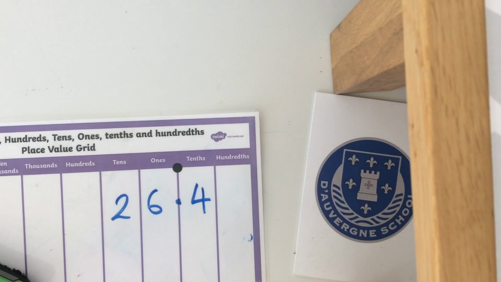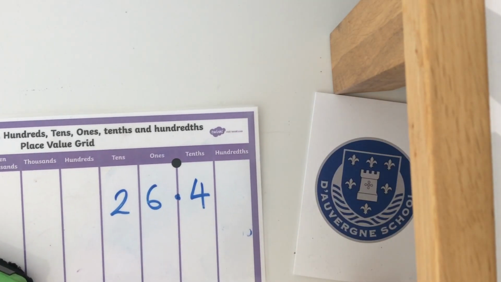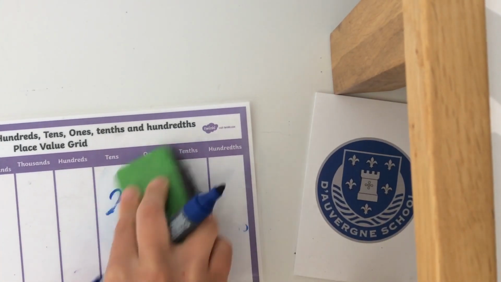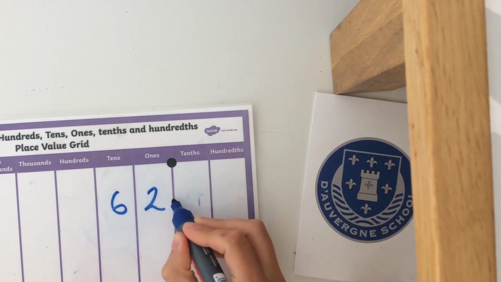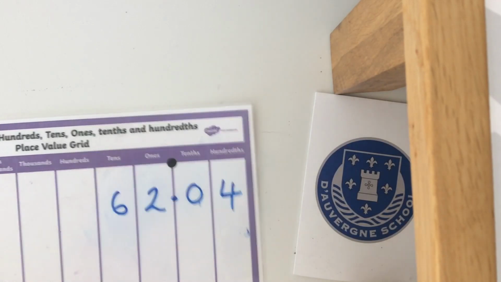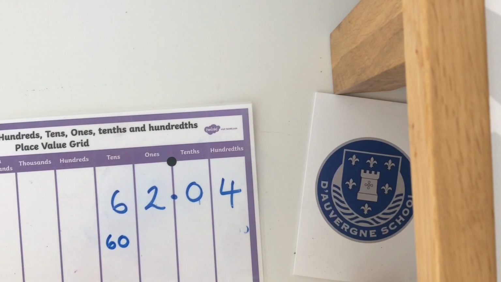What is the value of the 6? 6 ones is 6, so the value of the 6 is 6. 62.04 for number 5. What's the value of the 6? 6 tens is 60, so the value of the 6 in this column is 60.